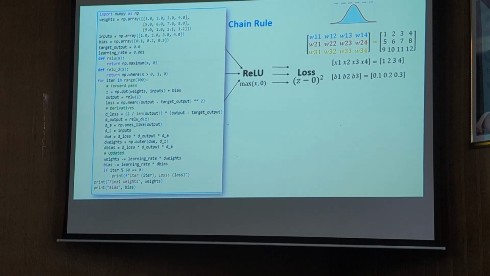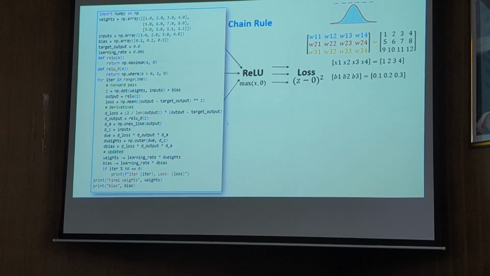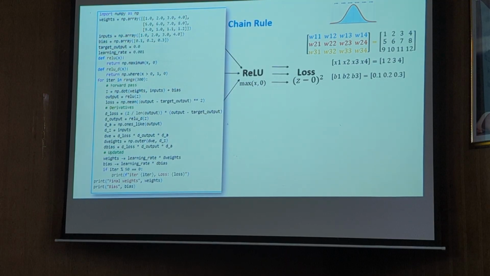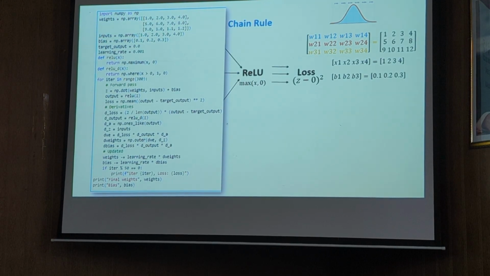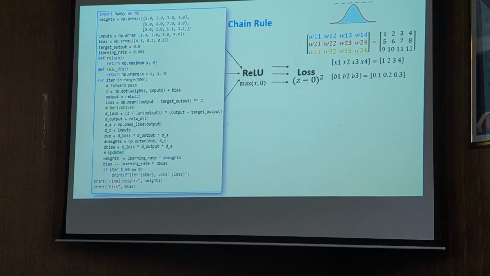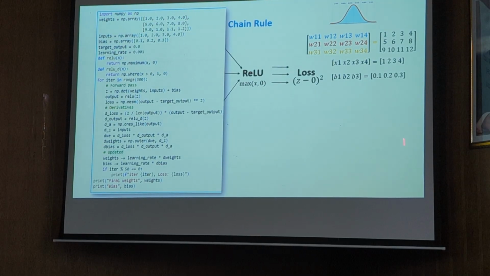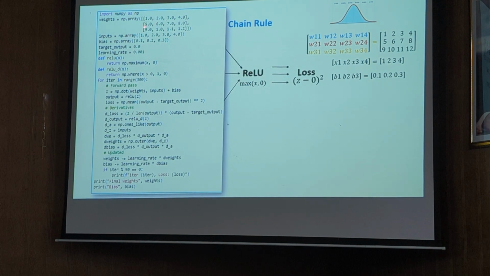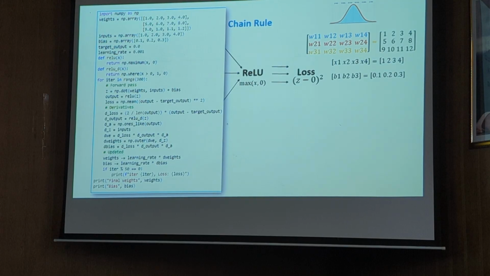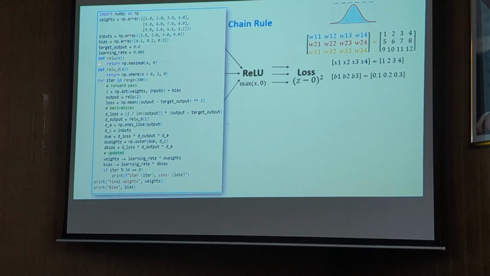Then the target output, this is our target output. We need our answer to be 0. And then the learning rate, this is the learning rate for gradient descent. I told you when we do it manually, without using built-in library formulas, we ourselves have to define the functions which we use again and again. So this is a way of defining.